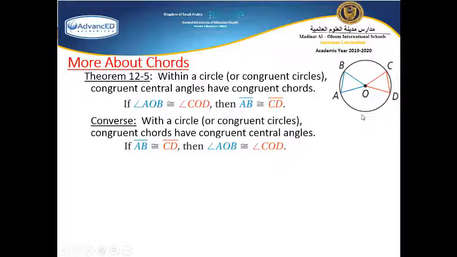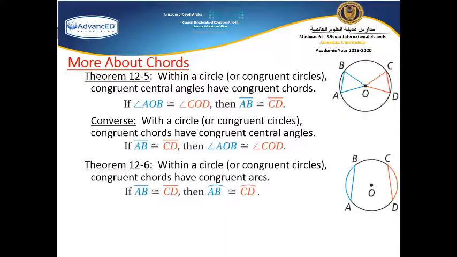The third theorem explains the relation between the chords and the arcs. In a circle or congruent circles, if chords AB and CD are congruent, then their arcs are congruent.